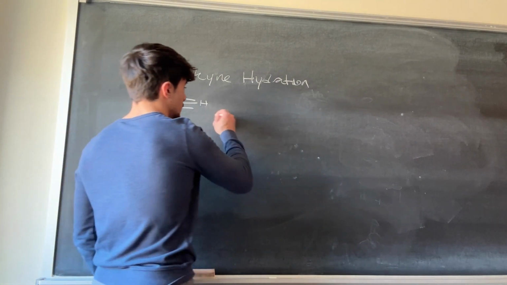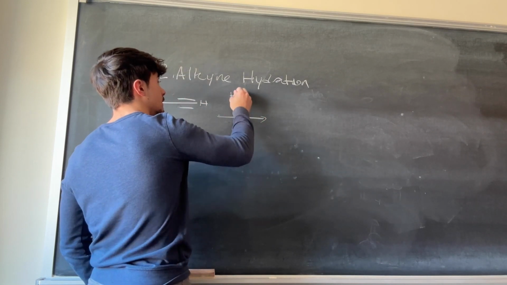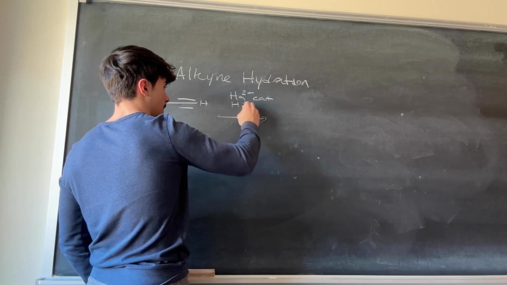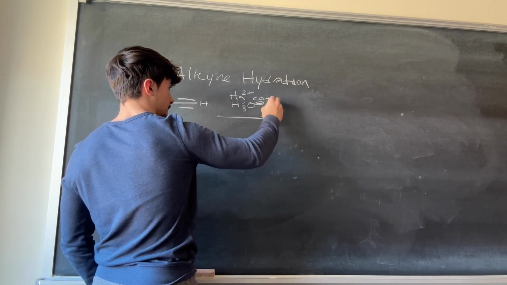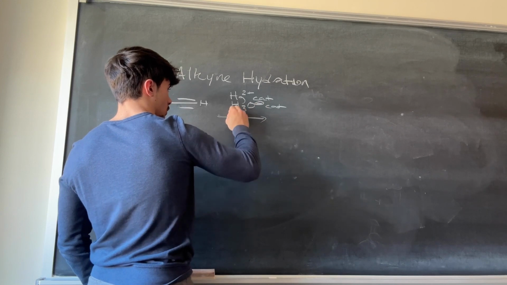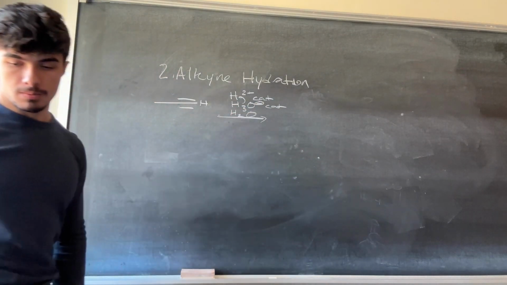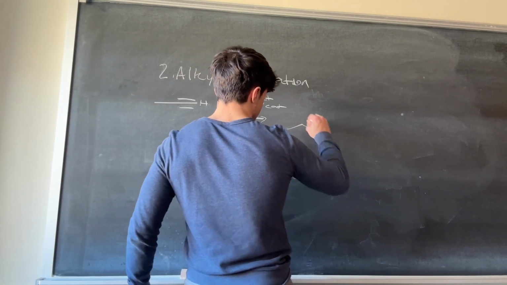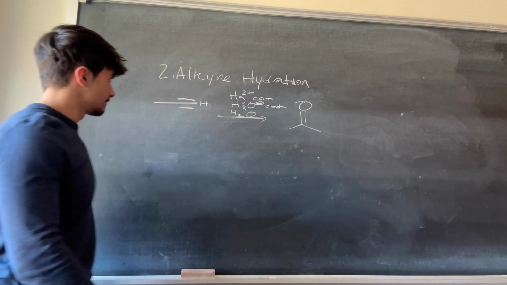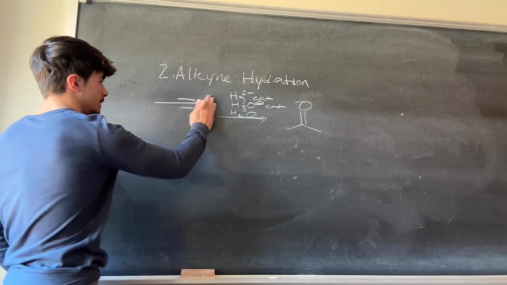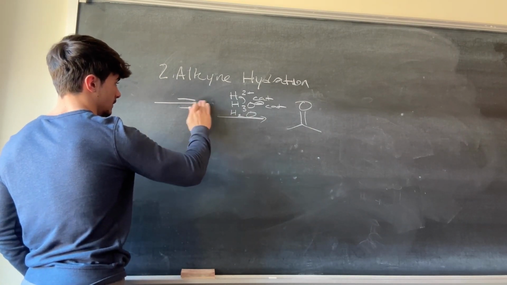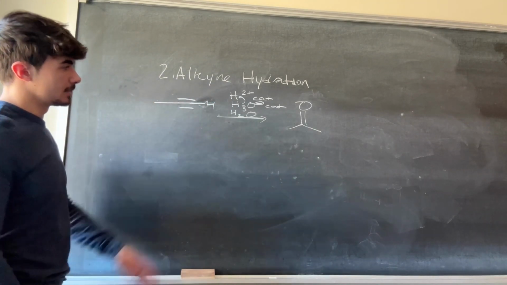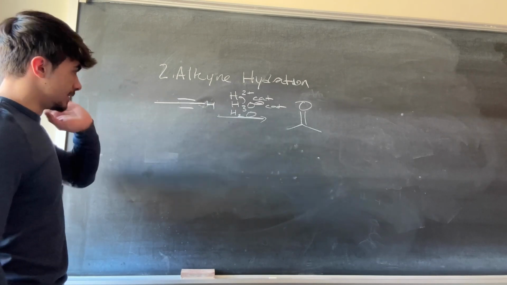We are going to do that with catalytic mercury and hydronium and water. And this will just get us acetone. We started with 3 carbons. This isn't a triple bond with the H, I just want to make that clear. So this is 1, 2, 3 carbons and an H.